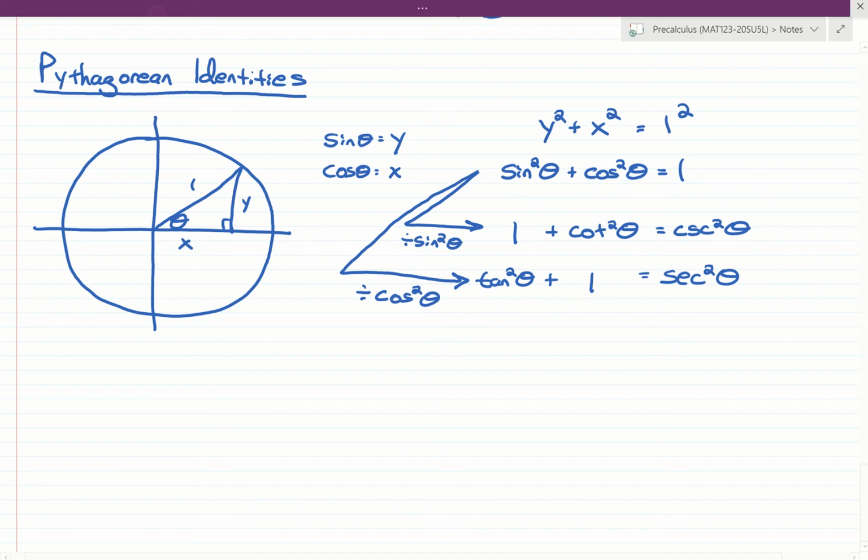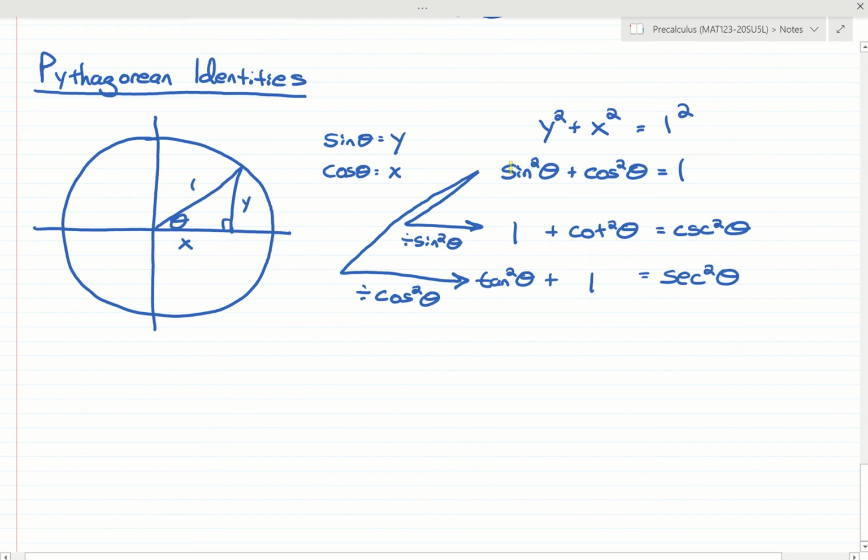So we have these 3 identities. This is the main one I want you to remember. You need to know this off the top of your head. Some people memorize these other 2, but it's not necessary as long as you know sine squared plus cosine squared is 1. If you want to memorize these, it might make your life a little bit easier, but it's not totally necessary.